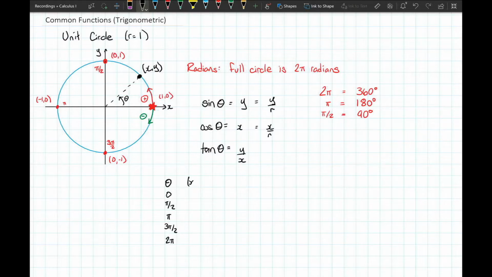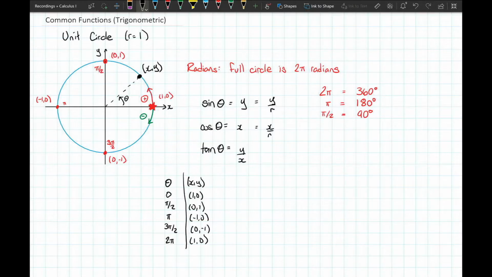And we can look at the x and y coordinates on the unit circle. And so the first place we end up at is 1, 0, pi over 2, 0, 1, and pi halfway around the circle, -1, 0, 3 pi over 2 will end up at 0, -1, and 2 pi around the circle, we're back to where we started.